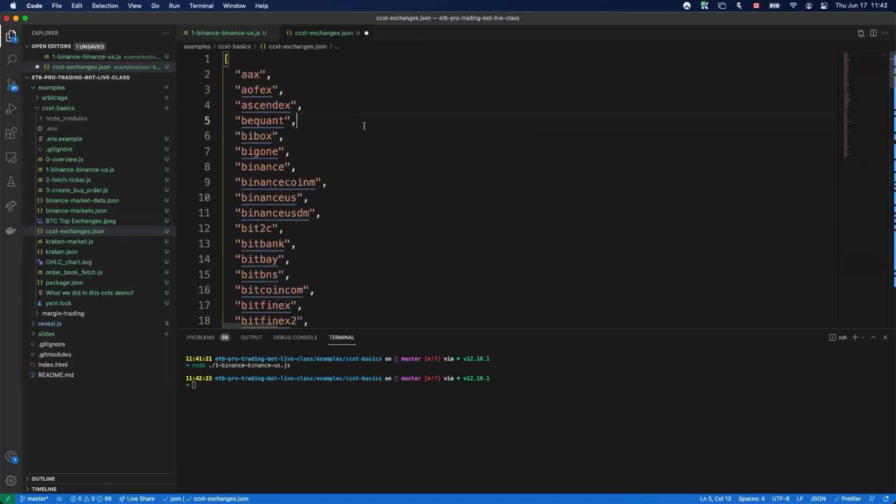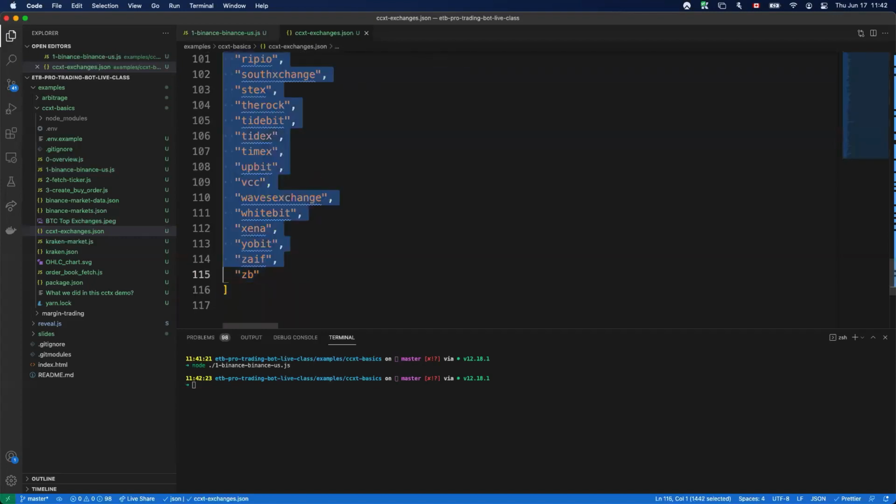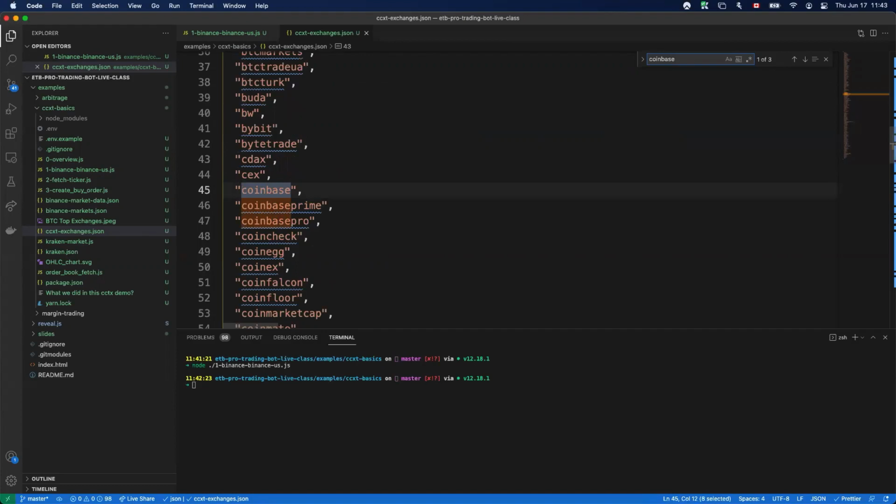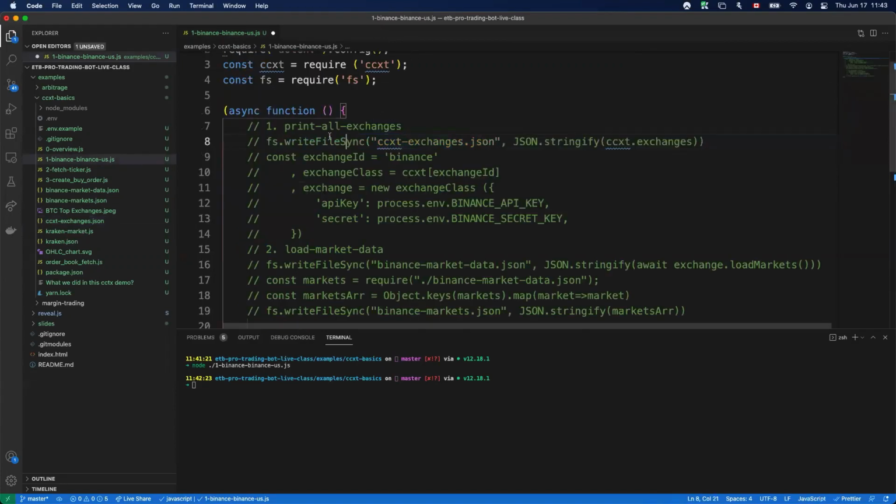I'll quickly format it, and you can see that we currently have 116 exchanges supported by CCXT. That includes Binance US, and we have Coinbase Pro as well, right? All right, so now we know which exchanges are actually supported.